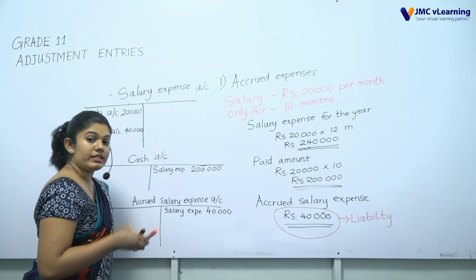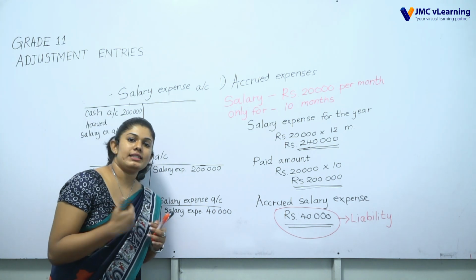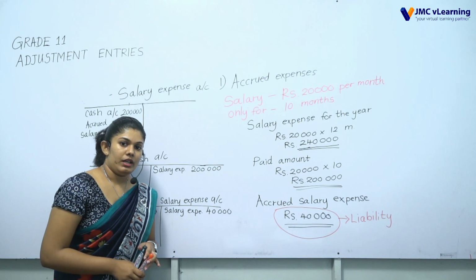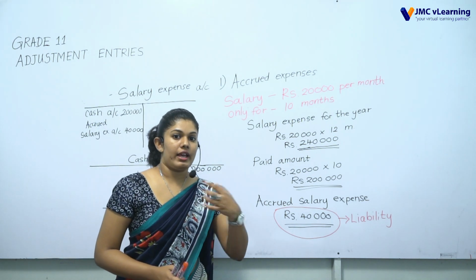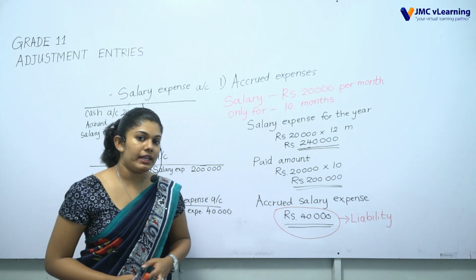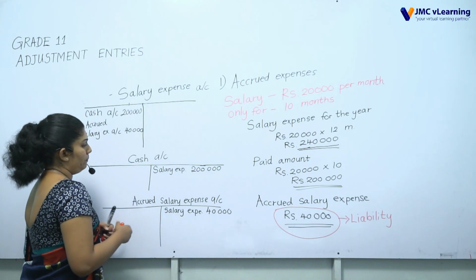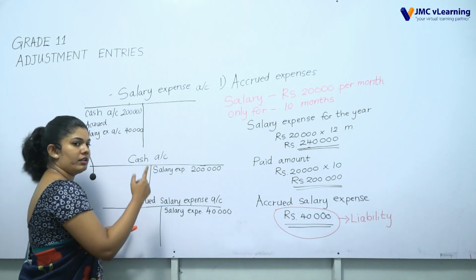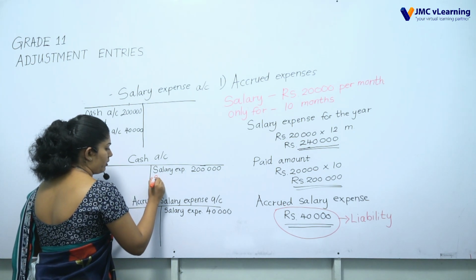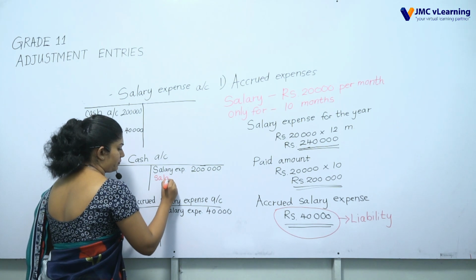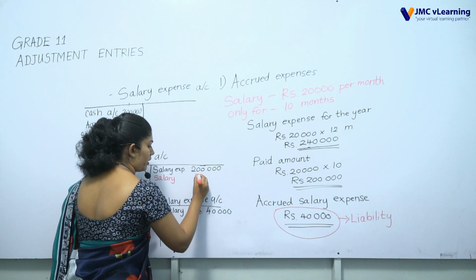Now, I told you this is a temporary account. Why? Now, I am paying the salary for that employee. After the accounting year, I am paying the salary amount that I have to pay him. When I am paying the salary, this is the double entry. Again, cash account credited as salary 40,000, the rest 40,000.